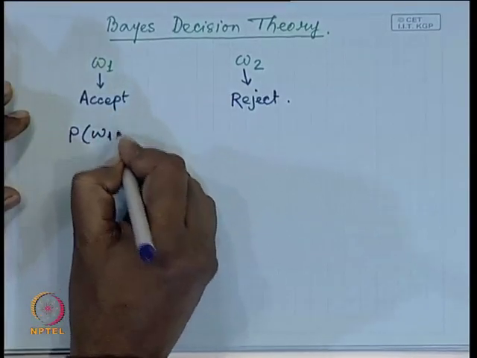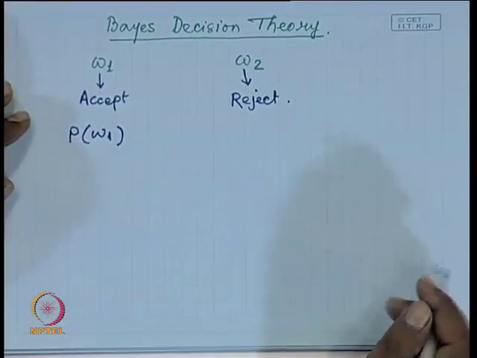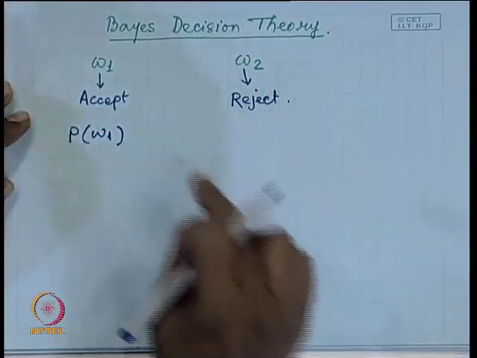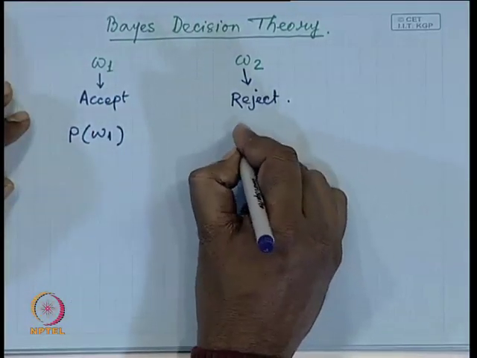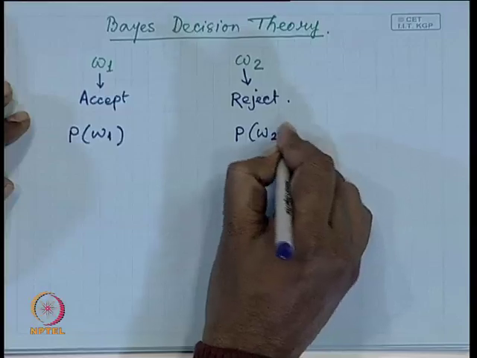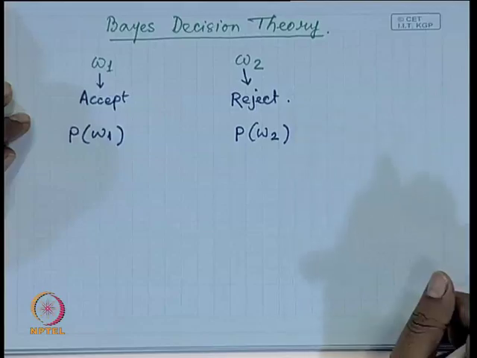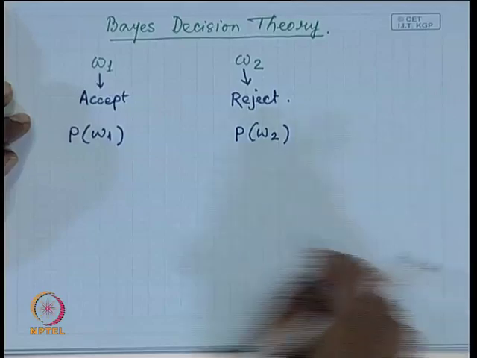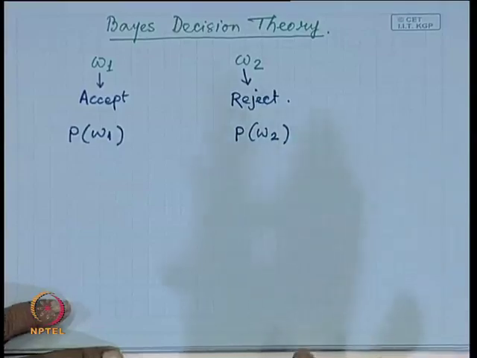One is p omega 1, that is the probability that the object will be accepted, or the probability that the object belongs to class omega 1, and the other probability is p omega 2, that is the probability that the object will be rejected, or the probability that the object belongs to class omega 2. Once I have these two probabilities, I can form a very simple decision rule.